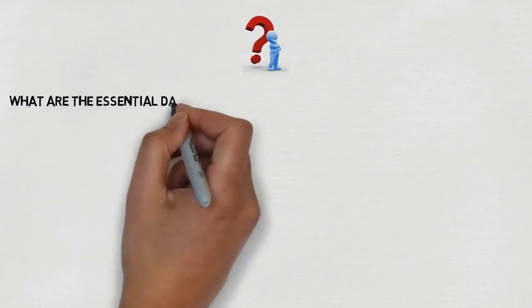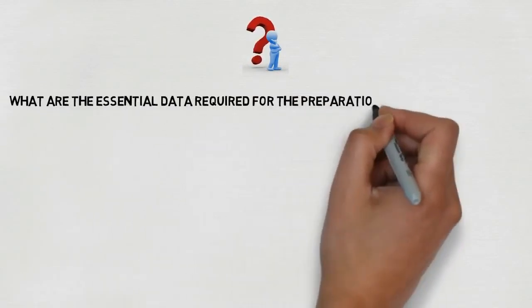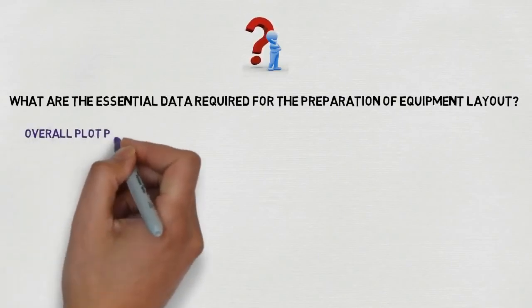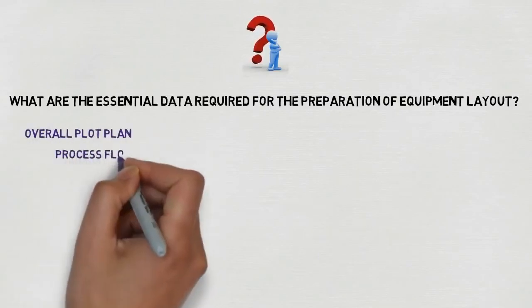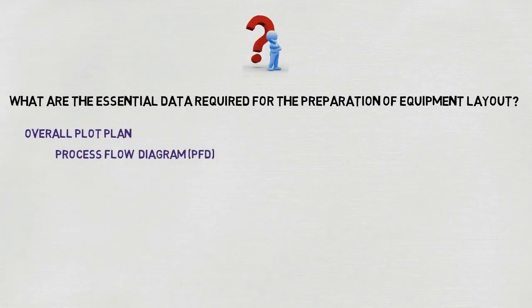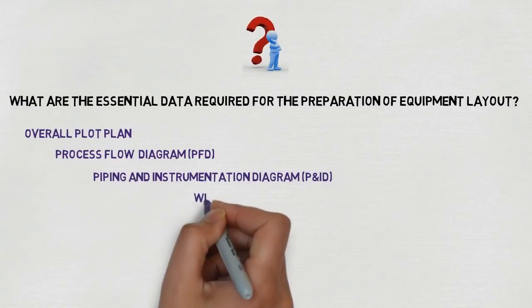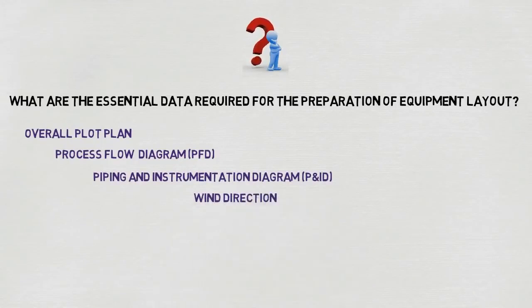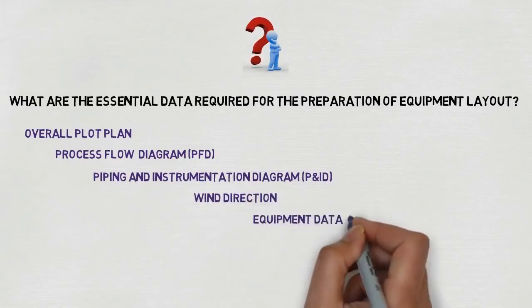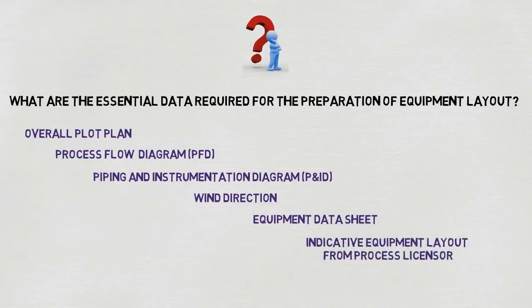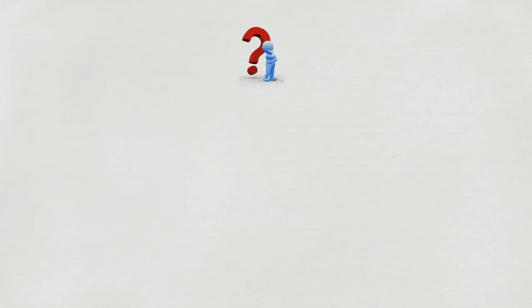What are the essential data required for the preparation of equipment layout? Overall plot plan, process flow diagram which is PFD, piping and instrumentation diagram P&ID, wind direction, equipment data sheet, and indicative equipment layout from process licensor.